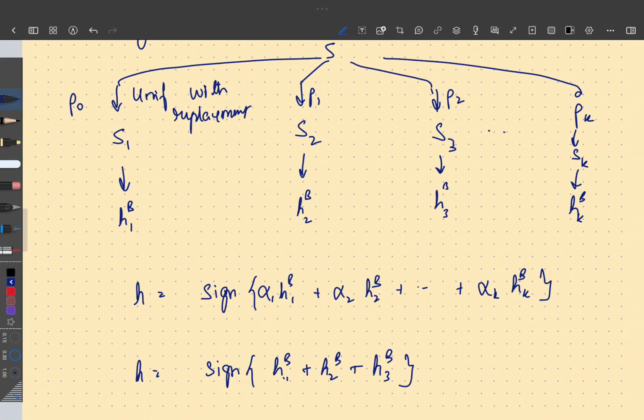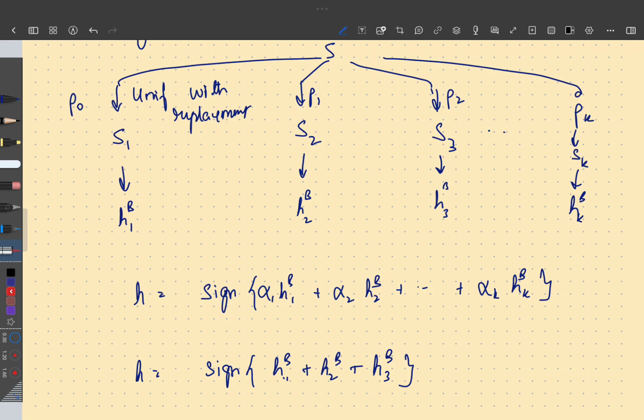Okay, and the way you tweak the distributions to go from, let's say, P0 to P1 is that in P1 you give a higher probability to those samples that were misclassified by H1b. So originally you had S, you sampled from S according to the uniform distribution to get S1.